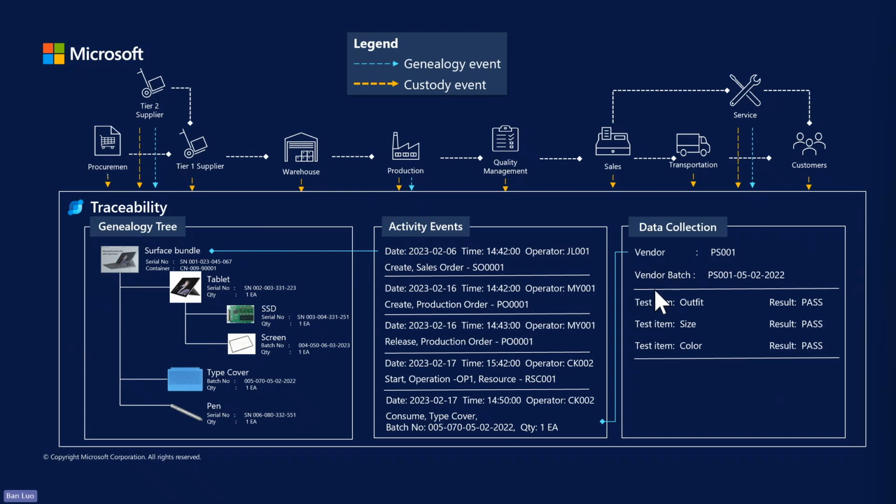You can also collect the quality test item and the test result according to your business need. So this data collection object offers flexible extensibility to the traceability feature. In conclusion, the genealogy tree, activity event, and data collection form the framework of our traceability feature.